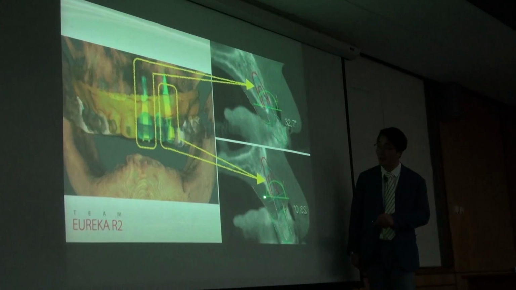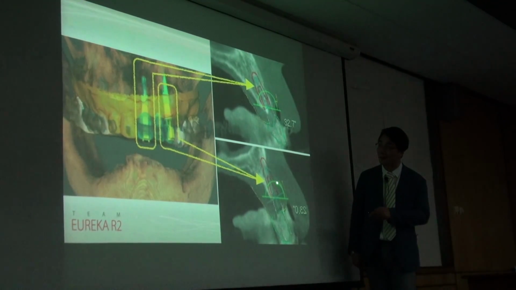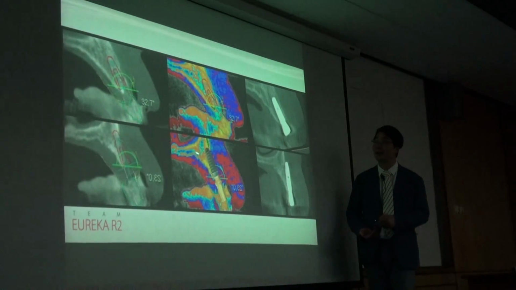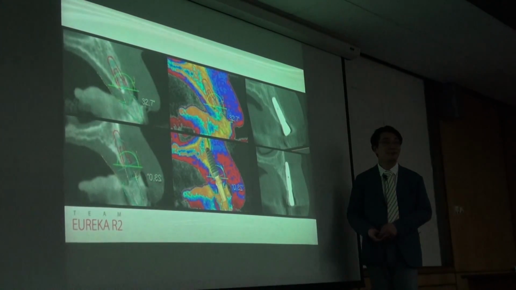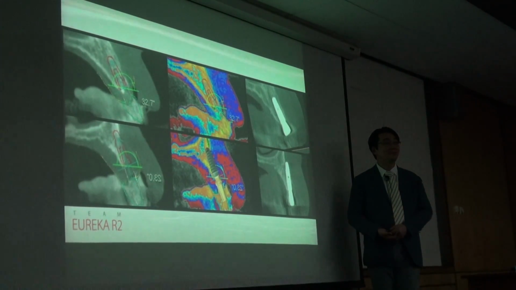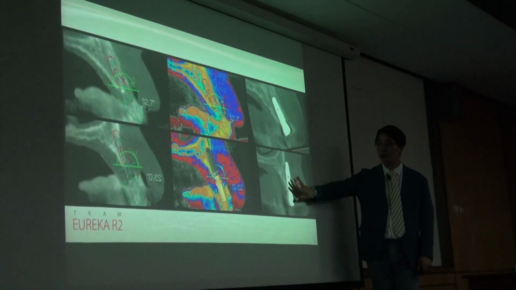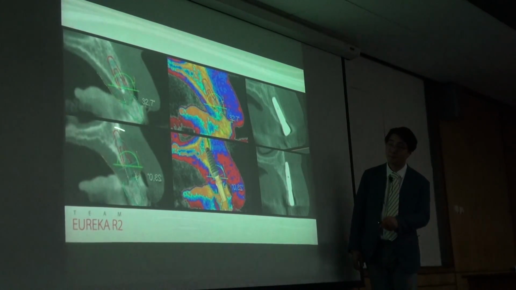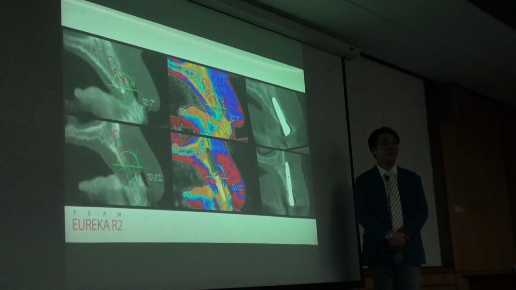So he made the virtual planning like this, and then using a guide, he placed the two implants. And this is the after surgery. What happened? Fenestration. Yeah, totally axis is different compared to the virtual planning stage.